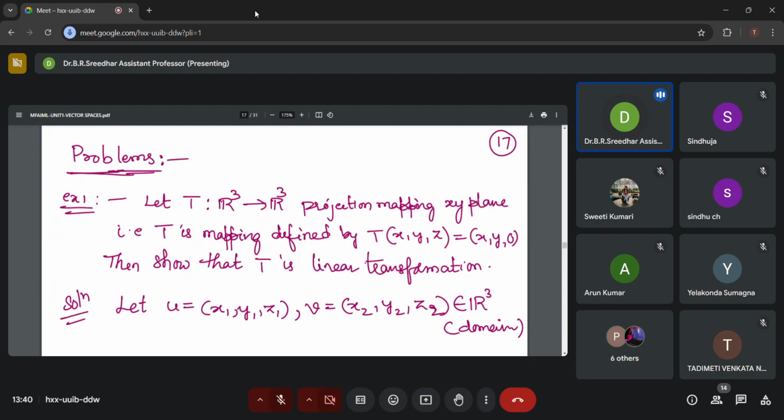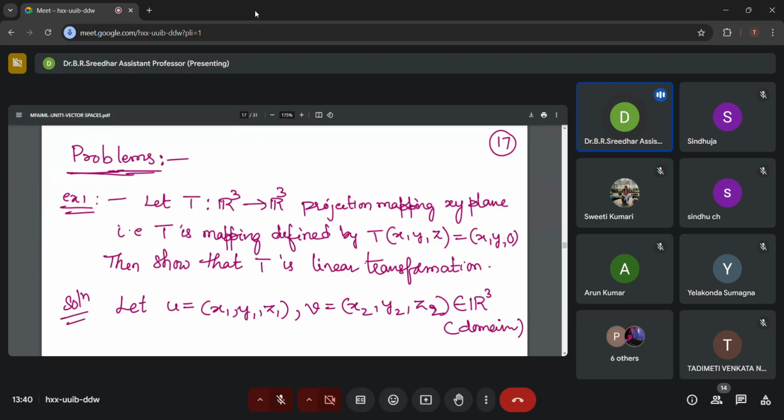Now here indirectly you are talking about one-to-one mapping. Again you have two terminologies: isomorphism and homomorphism. Homomorphism means whenever the mapping is done within the same vector space, V to V, then it is called a homomorphism.